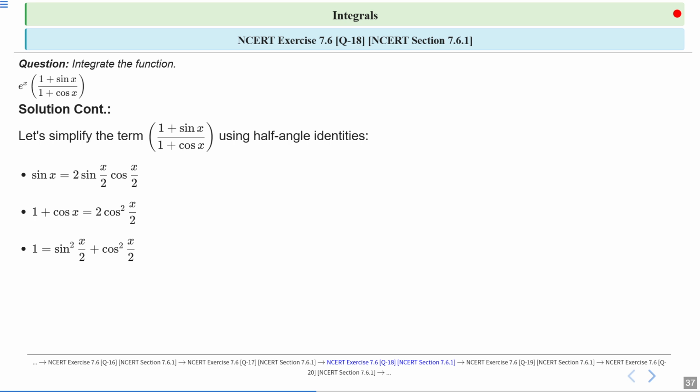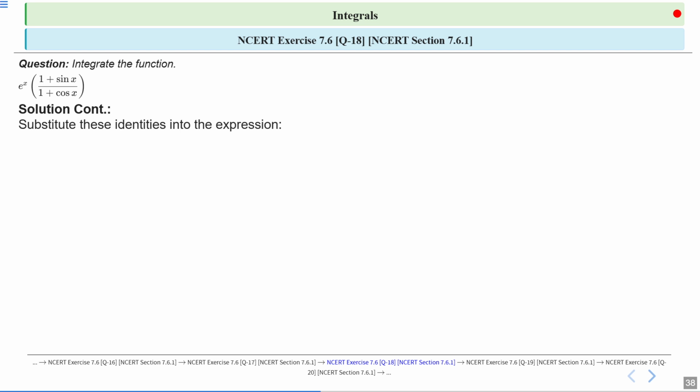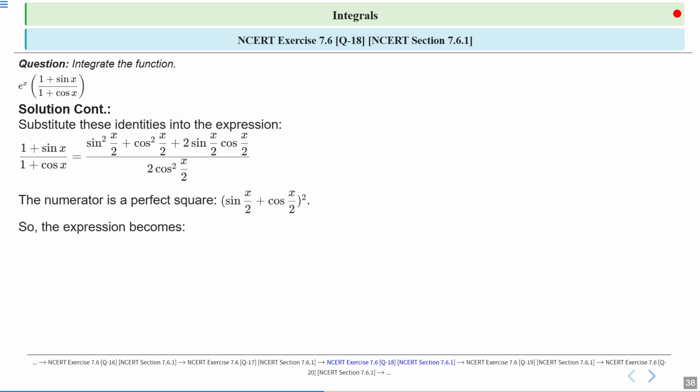Now we use these identities to simplify the term. So in 1 plus sin x, in place of 1 we substitute sin square (x by 2) plus cos square (x by 2), and in place of sin x we substitute 2 sin(x by 2) into cos(x by 2), and 1 plus cos x is 2 cos square (x by 2).